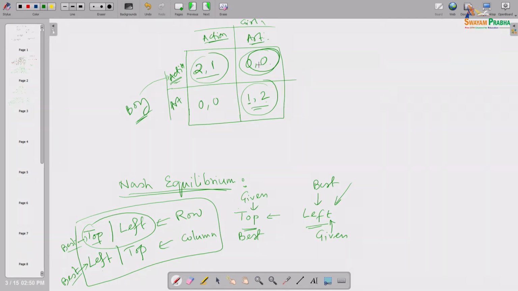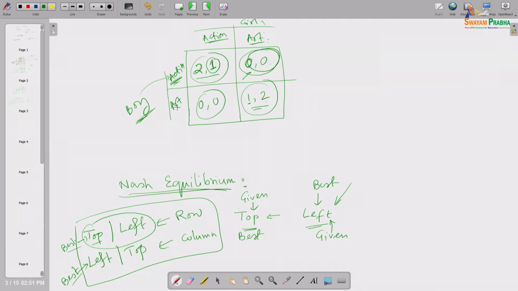They want to watch together, so although the boy is watching the action movie he gets 0 here, and the girl watching the art film also gets 0, because they are missing that togetherness. Exactly that way here also they are missing togetherness. Anyway, that is not the issue here.